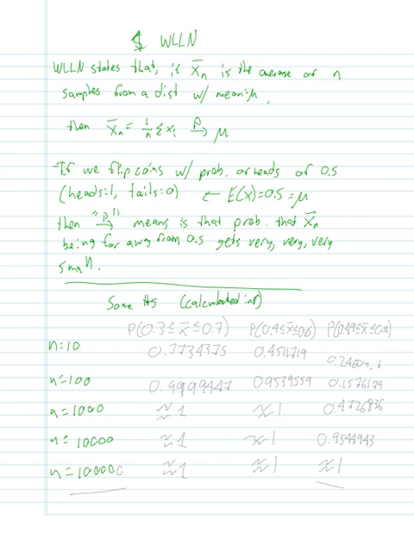And I'm going to do the probability that 0.3 is less than or equal to x bar is less than or equal to 0.7. Probability 0.4 is less than or equal to x bar less than or equal to 0.6.